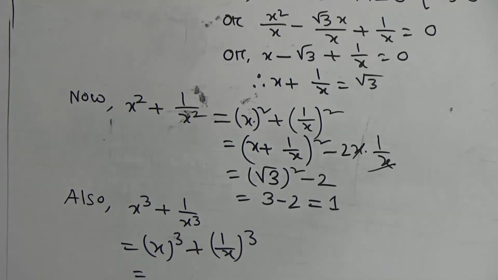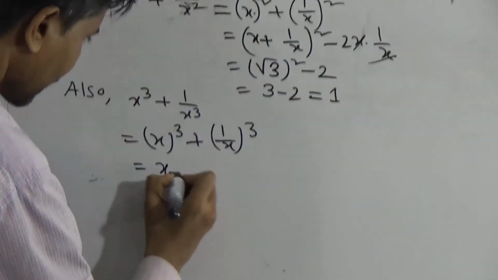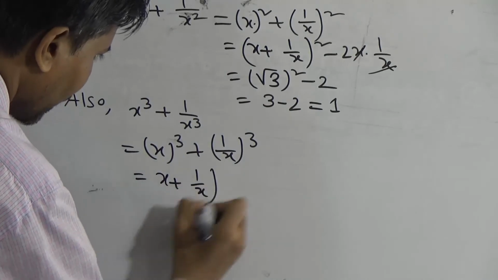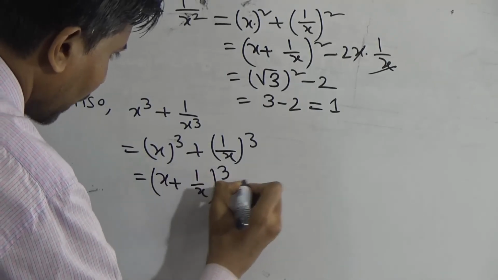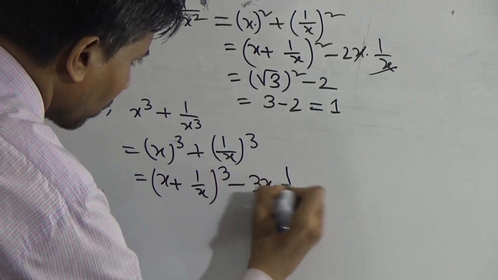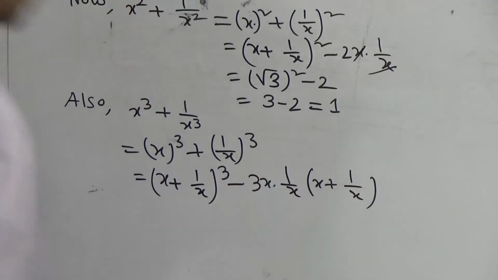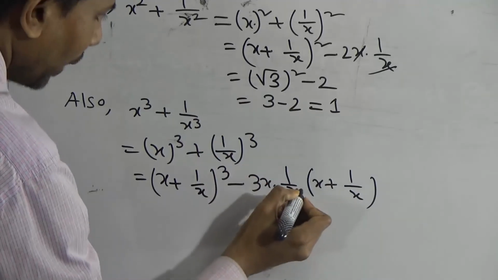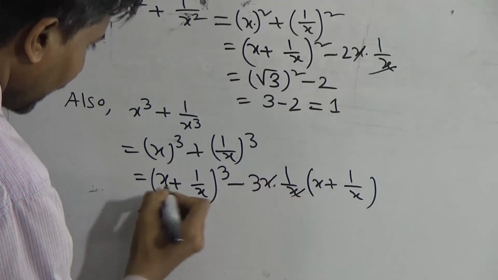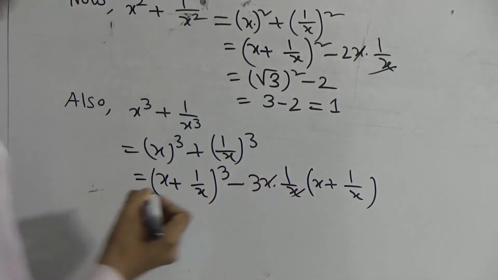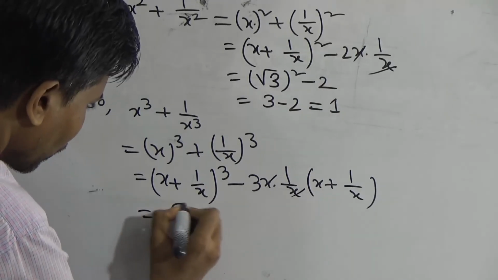We know a cube plus b cube equal to what? a plus b whole cube minus 3ab into a plus b. Right? The formula: x plus 1 by x whole cube minus 3 into x into 1 by x into x plus 1 by x. Okay. Now x and x vanish, then x plus 1 by x equal to what? Root 3.